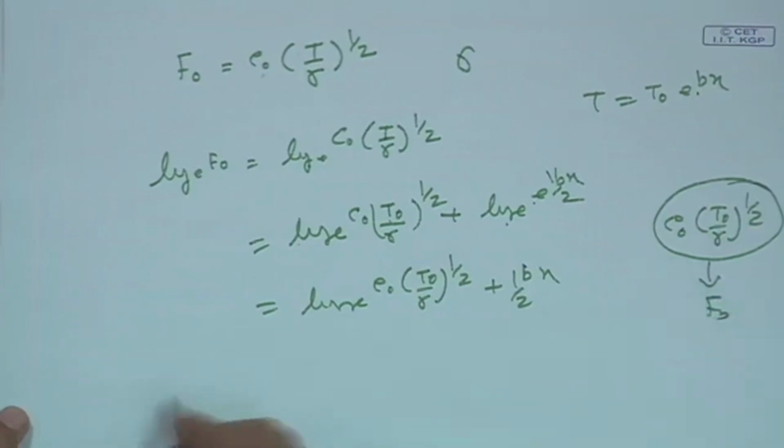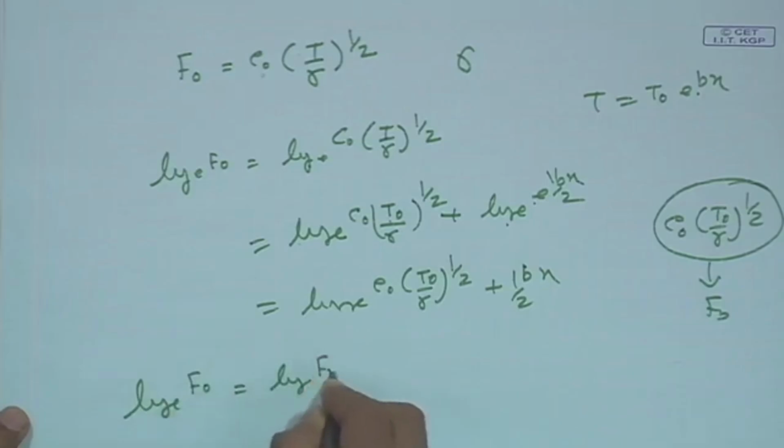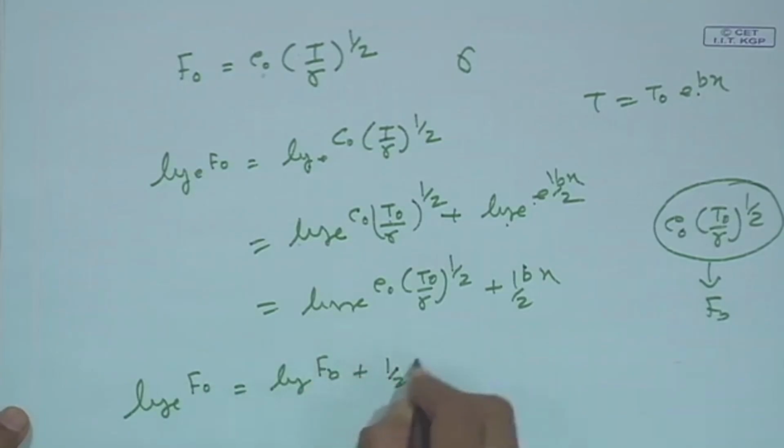Then log e of F0 is log e of FB plus half of bx.